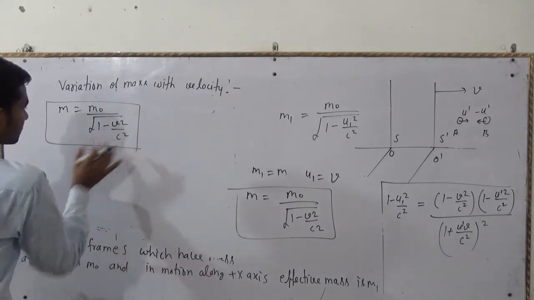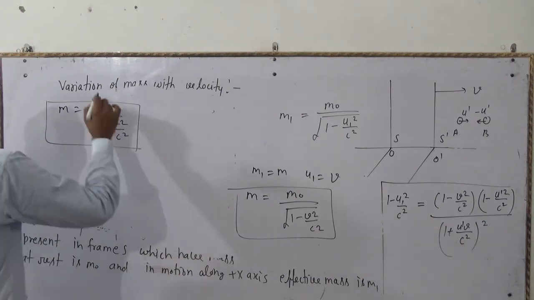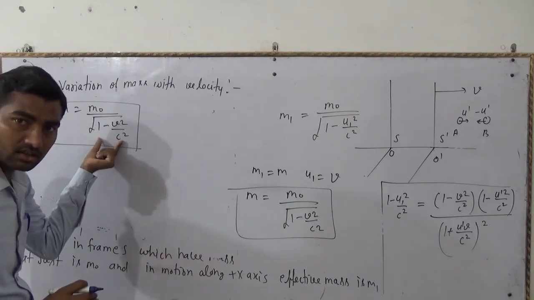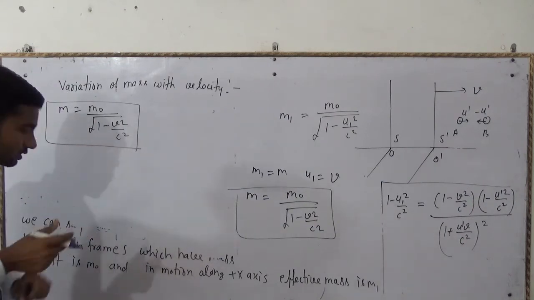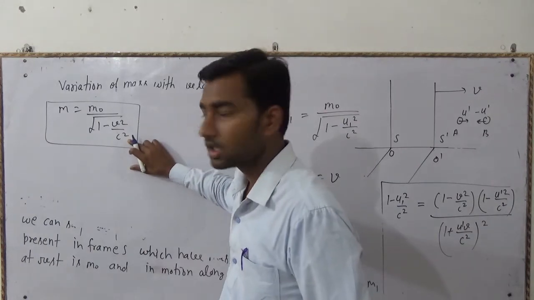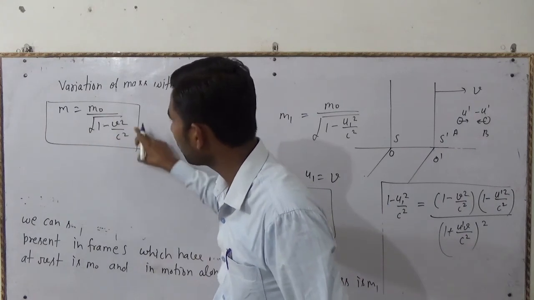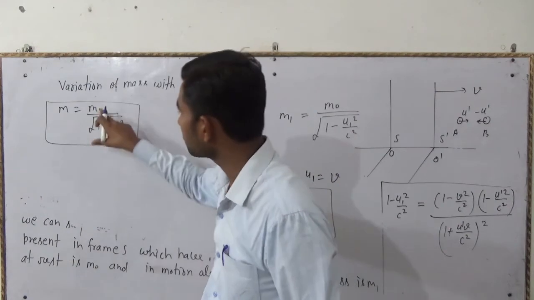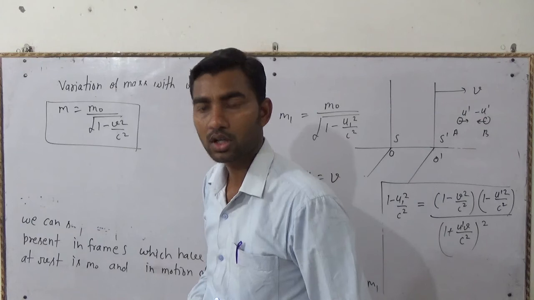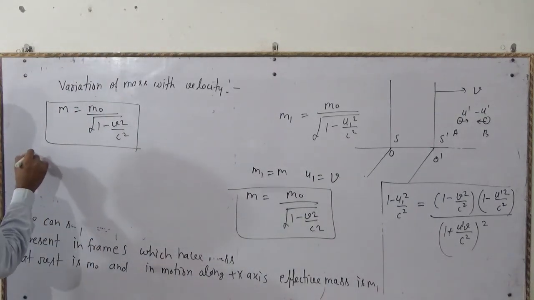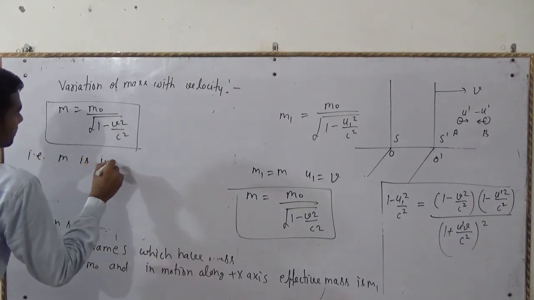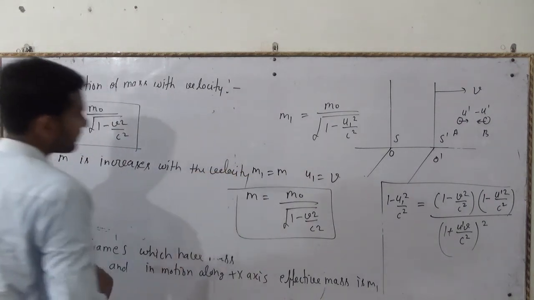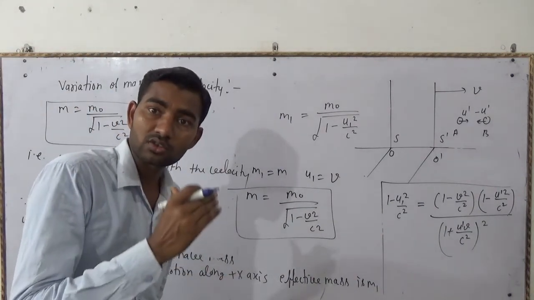If the value of this term is something, then we divide m naught by that value, so this value will be less than the other. So we can say very easily that m increases with velocity. As velocity increases, mass also increases.